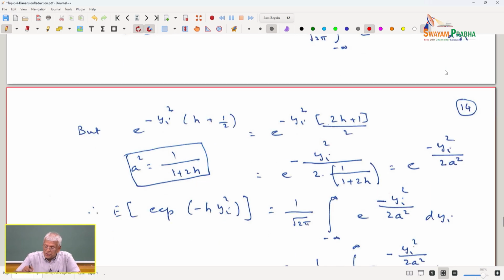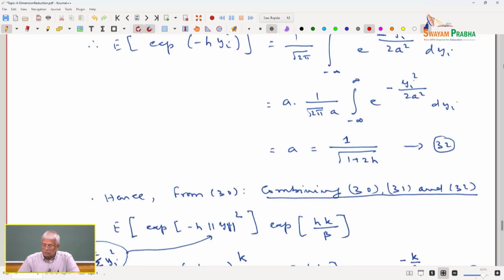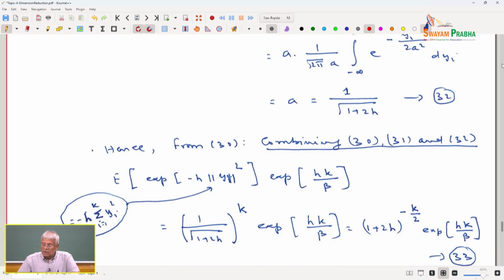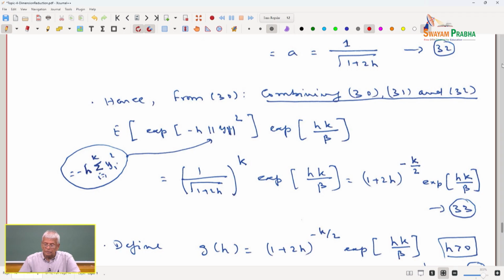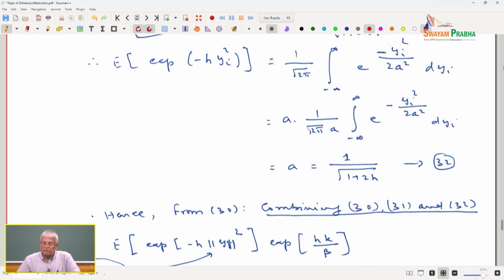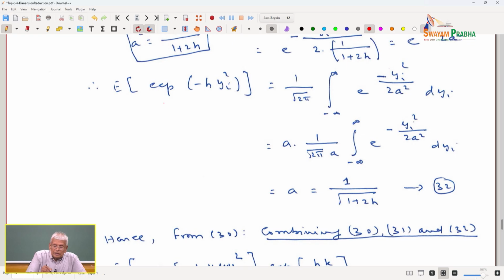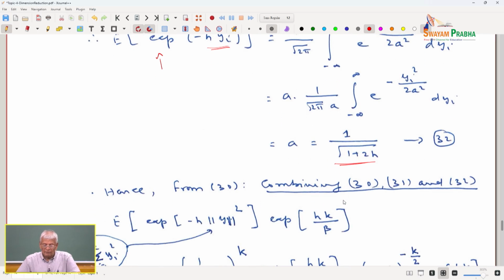I'm now going to show you all the calculations in page 14. These are standard ones. Combining 30, 31, 32, I'm going to get the collection. So look at this now. What is it that we have shown? The moment generating function for minus h yi square is 1 over square root of 1 plus 2h.